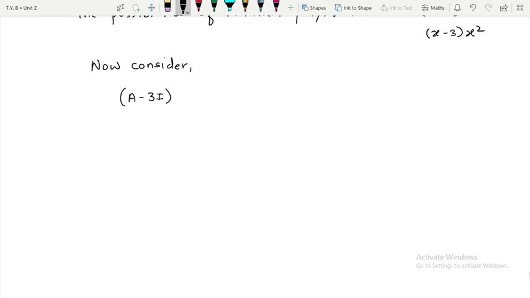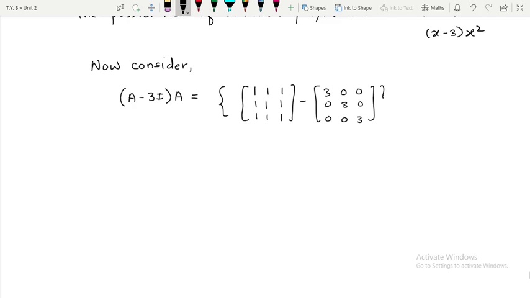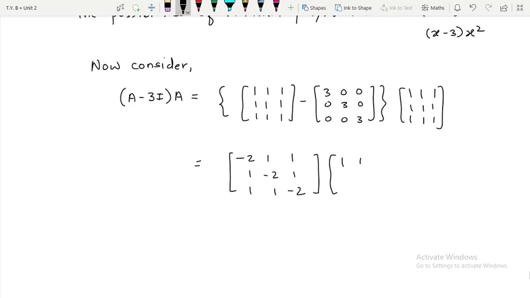So A minus 3I multiplied by A, which is equal to, my A matrix is, all the entries are 1, minus, this is my 3I matrix, 3 0 0, 0 3 0, 0 0 3, and again my A matrix is this. So this is equal to, if you do the calculations, minus 2 1 1, 1 minus 2 1 and 1 1 minus 2, multiplied by this 1 1 1, 1 1 1 and 1 1 1.